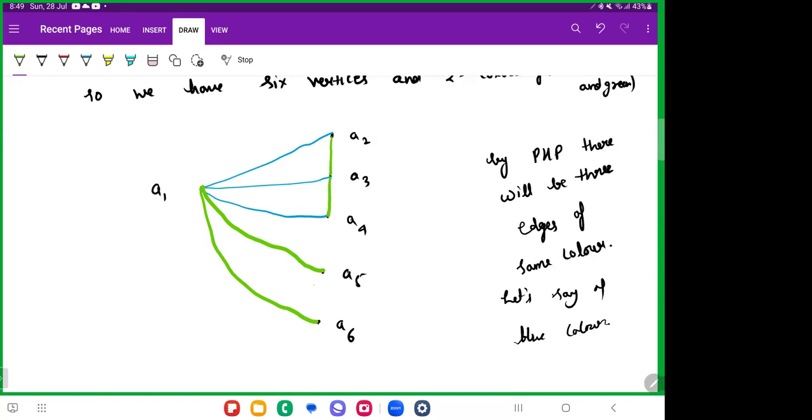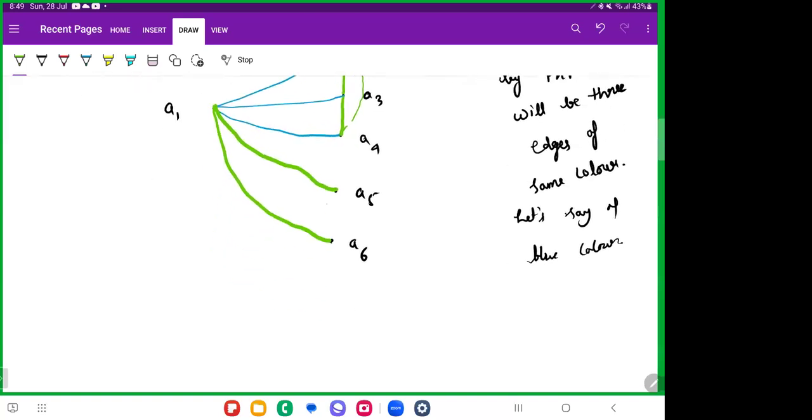Now if A2 and A4 is connected by green, we get a monochromatic triangle. If it is connected by blue, then A1, A2, A4 is a monochromatic triangle. So we are done in all cases, right?